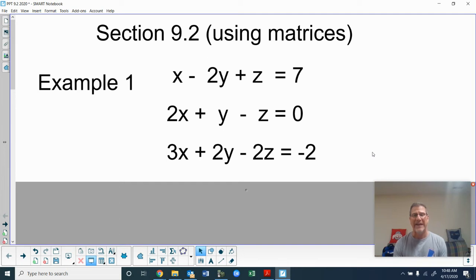Now, if an x or a y or a z does not show up in that spot, we're going to use the number 0 when we put these into our matrix. Whenever there is a variable missing, put the number 0. Not the number 1, the number 0.